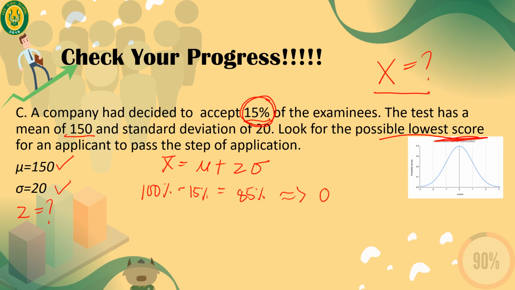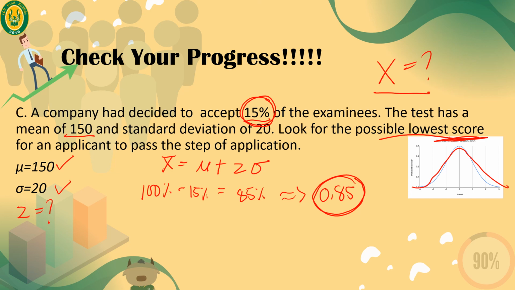So it would be 0.85. So if we assume that the data is a normal curve, it means that only the highest 15% out of 100% would be accepted, so somewhere in the positive. Now then, you take this area and locate it in the table to determine what is the z-score.